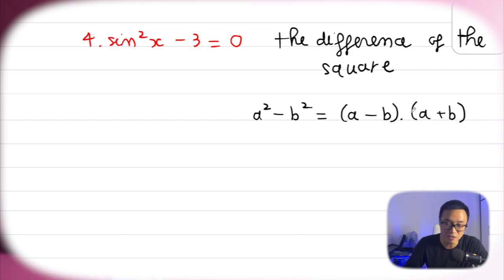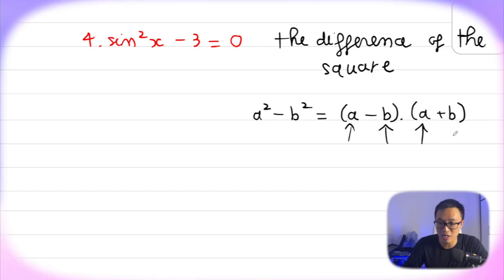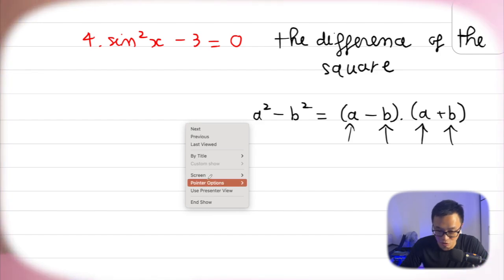Here is the basic formula for the difference of squares: a square minus b square equals two brackets multiplied together. One of them is subtraction, and the other is addition, a minus b and a plus b. A has to be first in all of these brackets, and b is in the second position. Yeah, that is a fundamental formula.